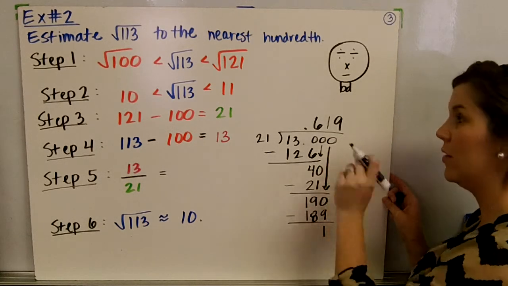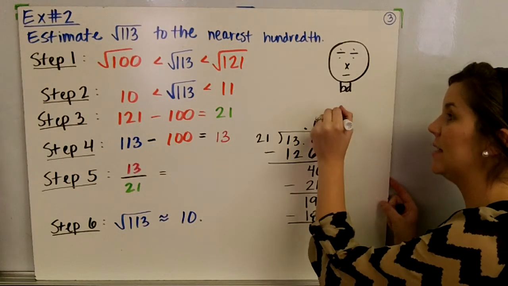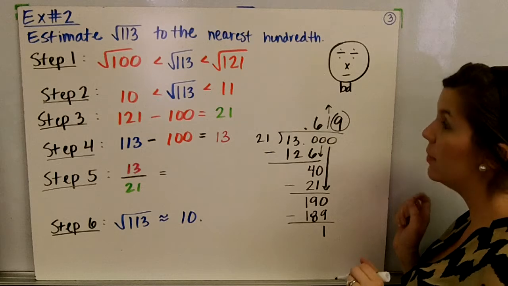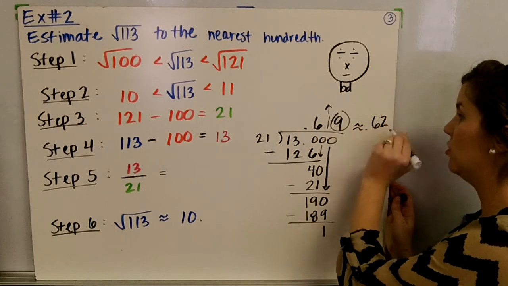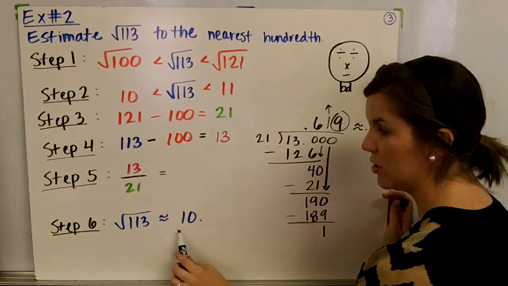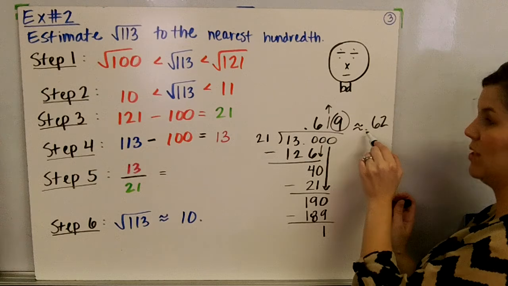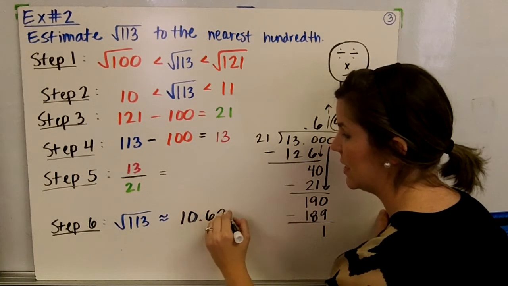And now I have 3 places after the decimal. I only need 2, so I can look at this 9 and say it's going to round that 1 up to a 2. So this would be about 0.62. So I know that my answer is going to be between 10 and 11, so 10 point something, and it's going to be 10.62. So my final answer, 10.62.